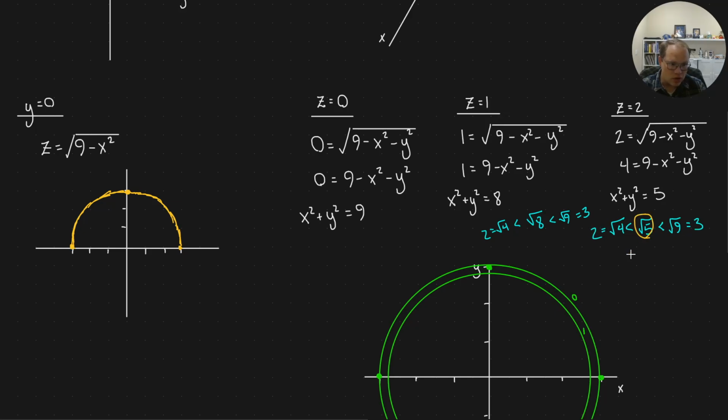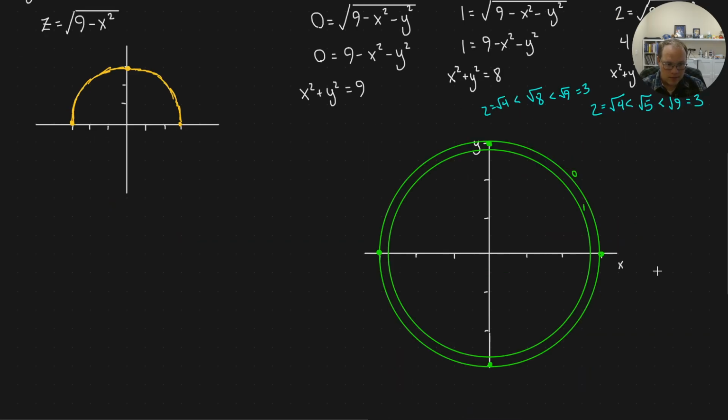But now it's a lot closer to 2, right? 5 is a lot closer to 4 than it is to 9. So, another circle. But now, maybe something like that. Closer to 2 than to 3. So that's z equals 2.